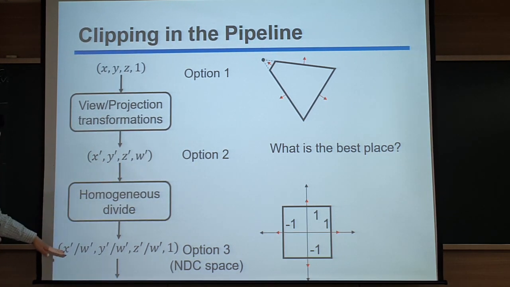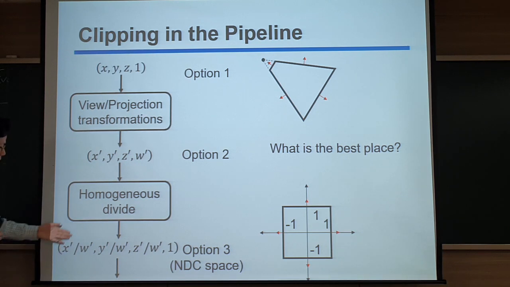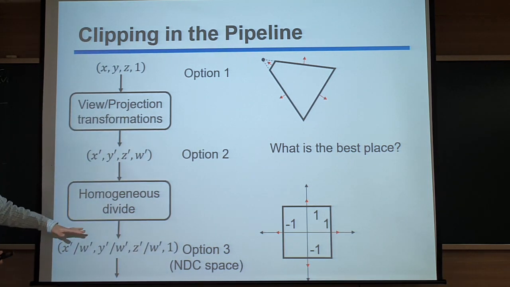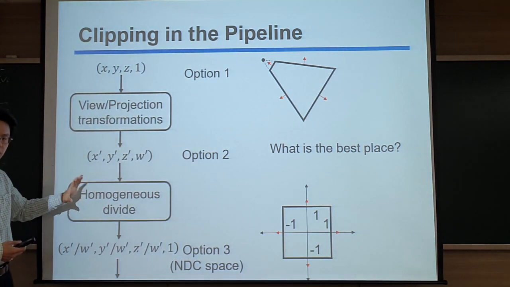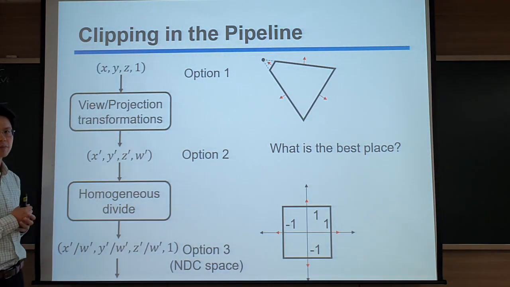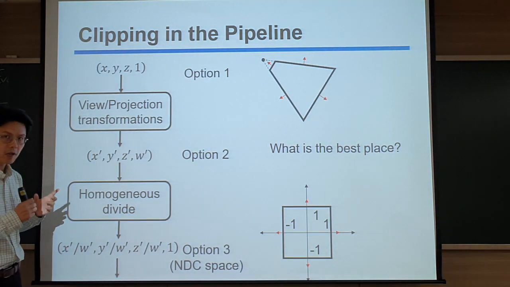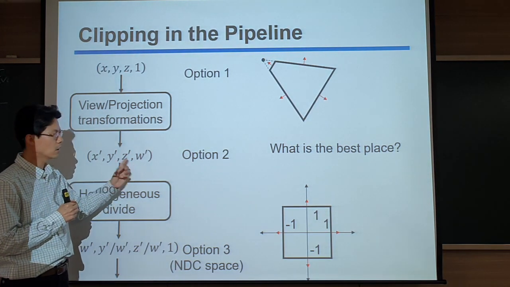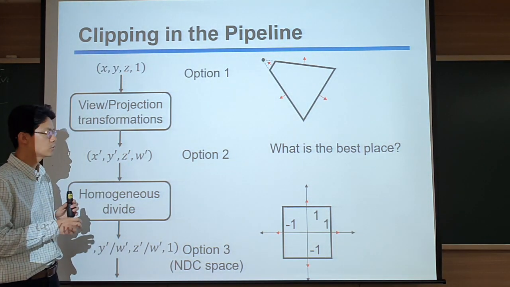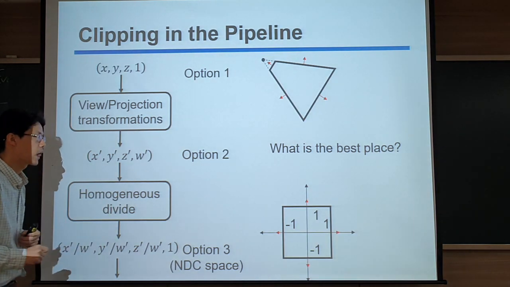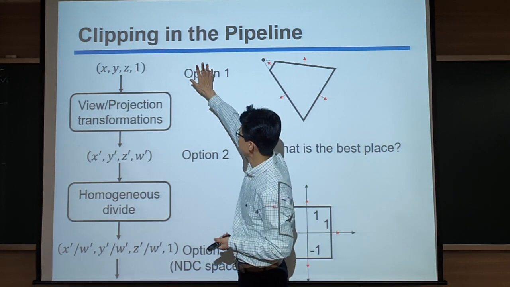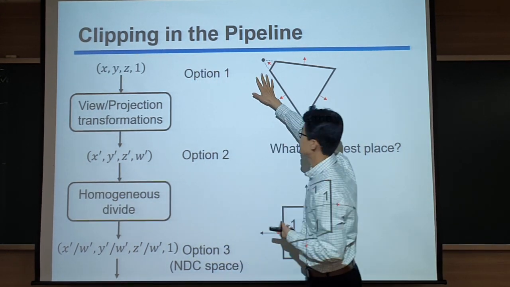Then we get the coordinates x prime divided by w prime and so on, and the homogeneous coordinate turns out to be 1. When you do this homogeneous divide, that's where we are performing the perspective projection. Can you recall why? You might recall that the homogeneous coordinate contains the value related to the depth. Then if we visualize it, in that space our view volume looks like this, right?